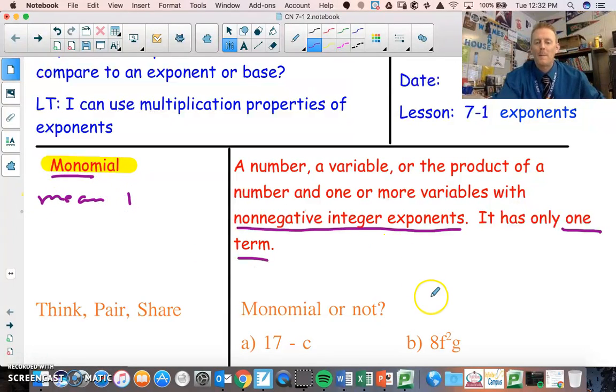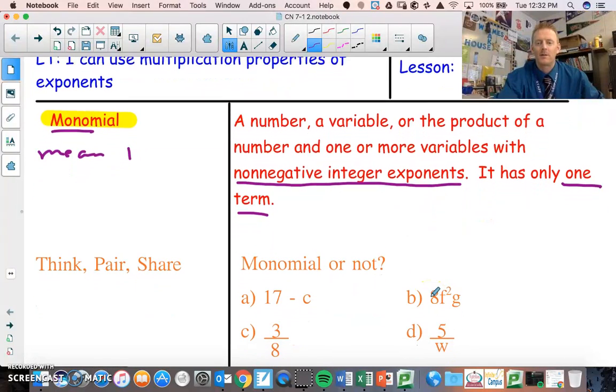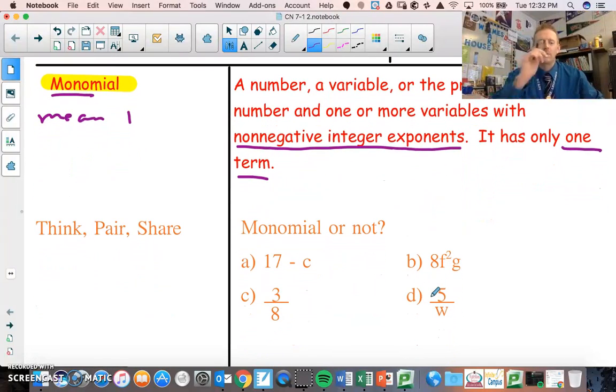And we'll talk about binomials later in this chapter or very, very soon. So real quick question. Back in the day when we used to do this class without doing videos, we had you guys do a think, pair, share, and you're supposed to say, is A a monomial? Is B, C, or D a monomial? So here's the answers. A is not a monomial because it's got a subtraction sign.